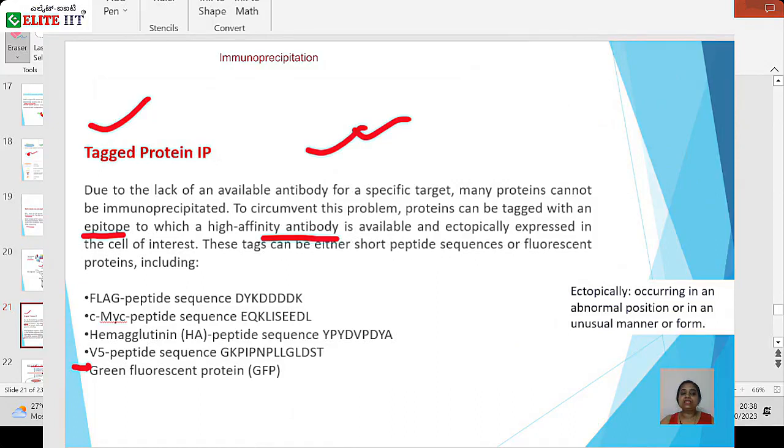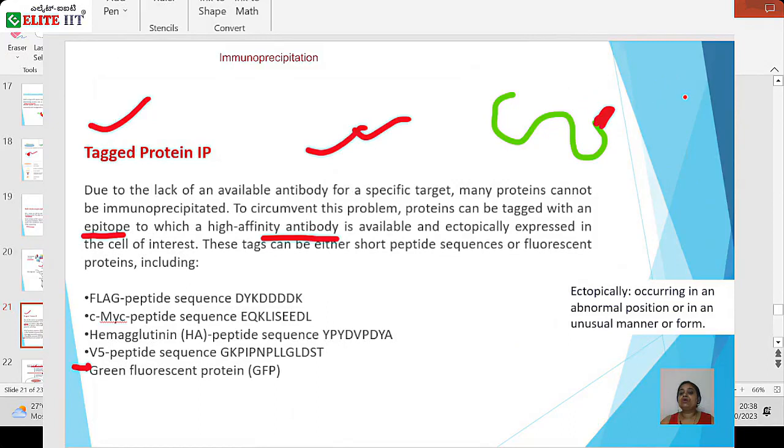What does that mean? This is the protein, and you don't have an antibody against it, but you attach a separate epitope tag. That tag will act as the epitope.